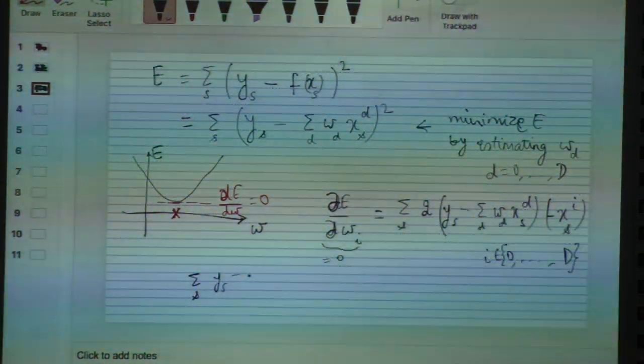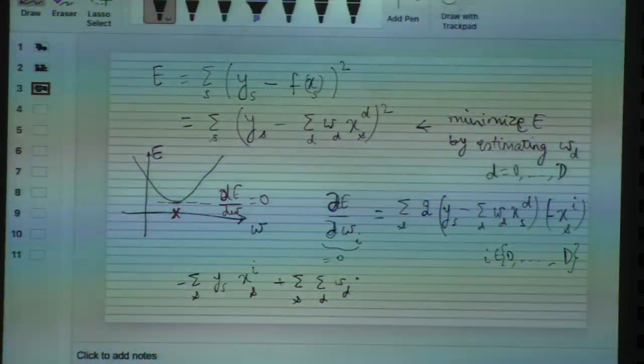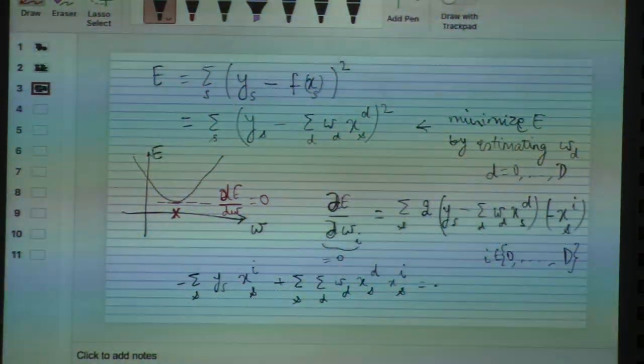This becomes summation over s of ys minus... okay, let me try to open it now. Right? So what do I get?